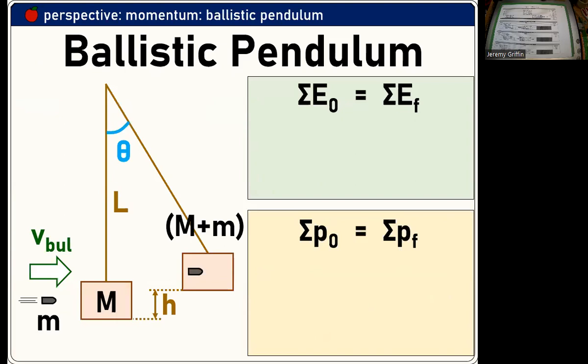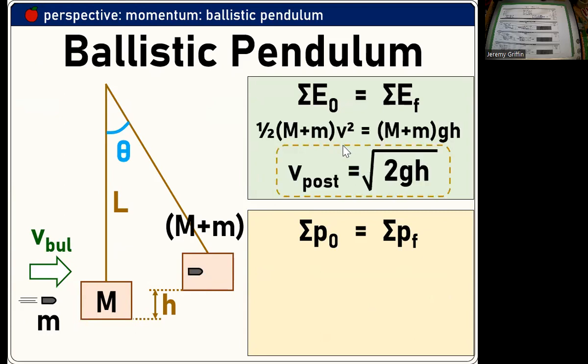Ooh, ballistic pendulum. So here's another one of these complex questions. It's like a two-parter. And the question is usually what's the firing speed of the bullet? And you can see how far it swings up to. So for conservation of energy, you go backwards chronologically. You say, well, if I know how far the pendulum swung up to, I can figure out how fast the post-collision velocity was. Oh, look, square root of 2gh. I've seen it so many times before.